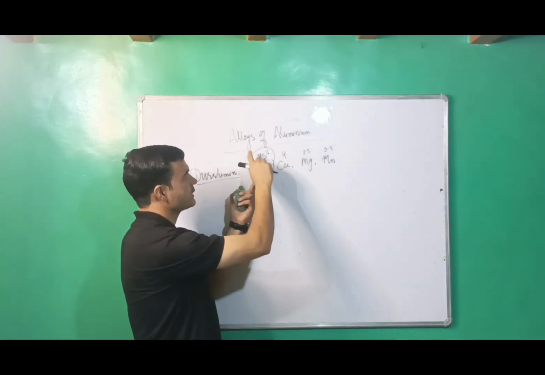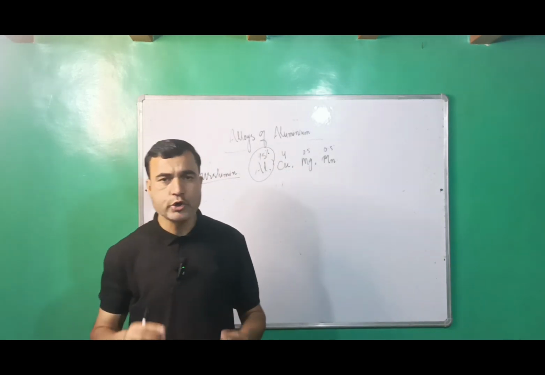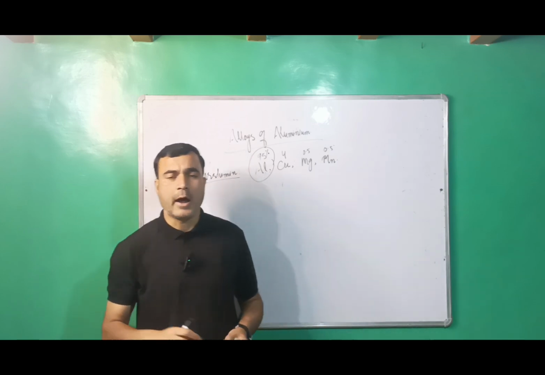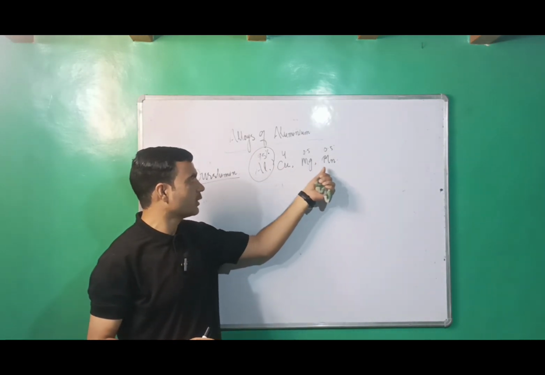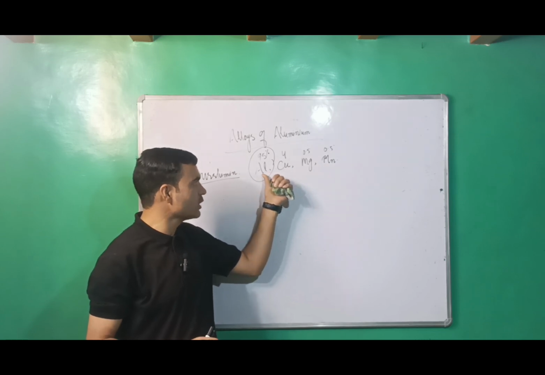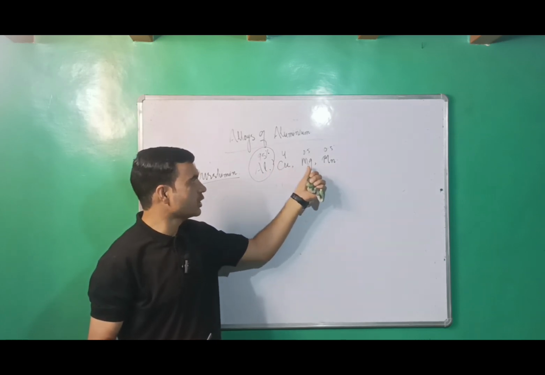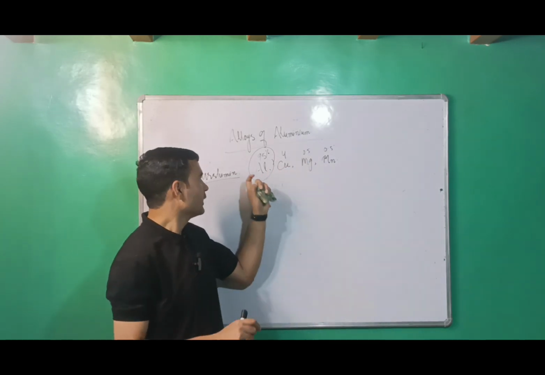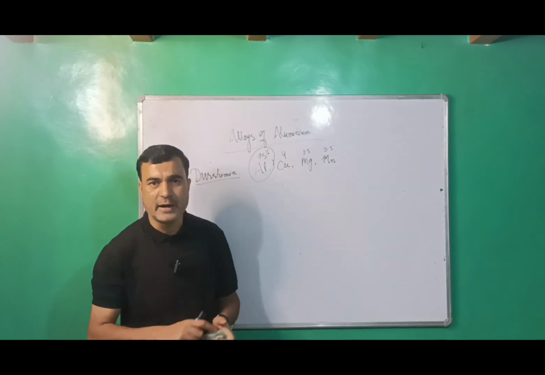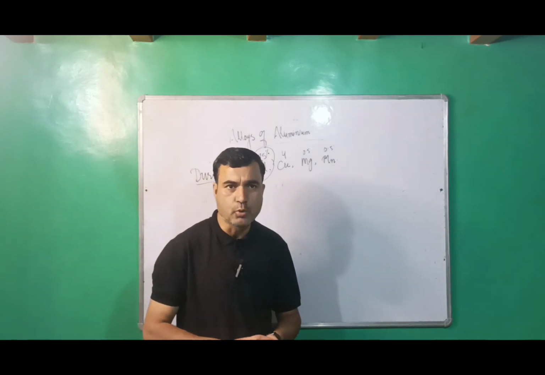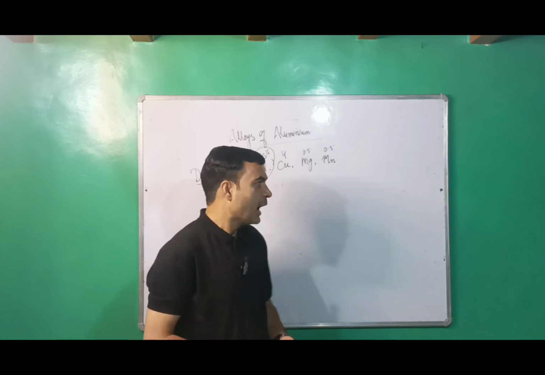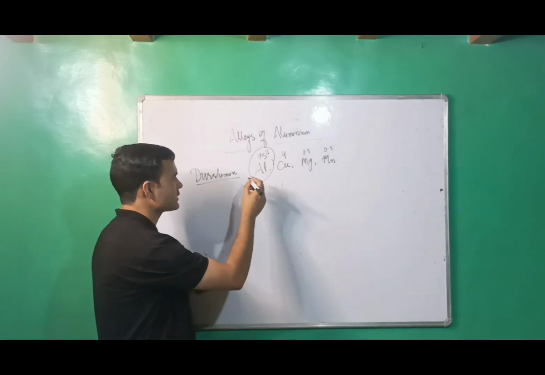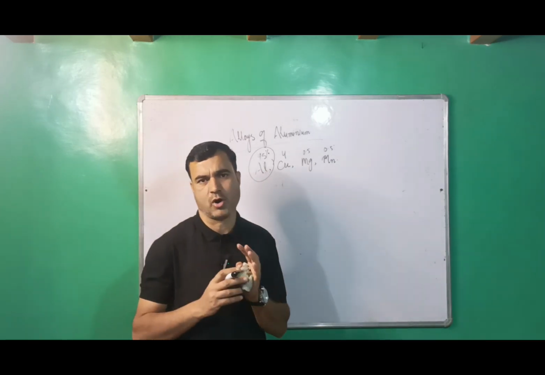So we may call it an alloy of aluminum, which contains these four important metals: aluminum, copper, magnesium, and manganese. The percentage of aluminum is 95%, while copper is 4%, and manganese and magnesium make up the rest. As we know, this duralumin is very strong.